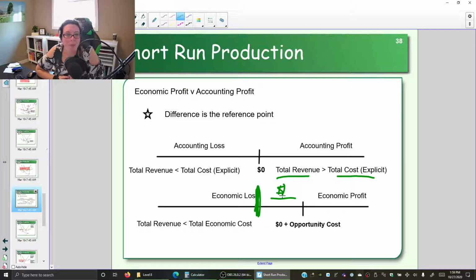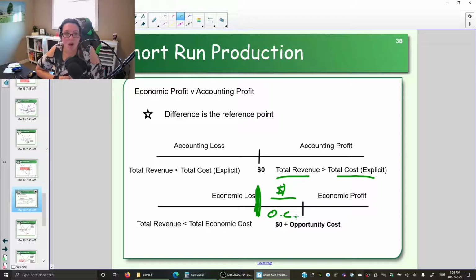If you are now making economic profit, that means that the amount of accounting profit that you're making is more doing this than the next best alternative. So it already includes that opportunity cost. You cannot have economic profit and not have accounting profit.